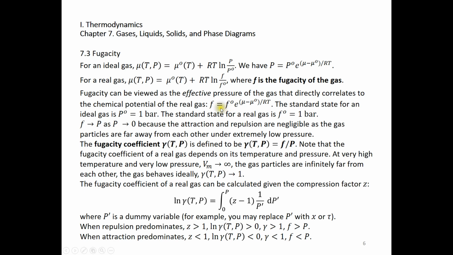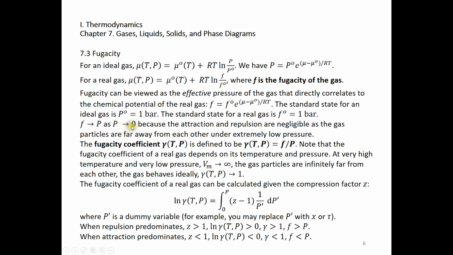And when it has a fugacity of 1 bar, its pressure very likely is either greater than 1 bar or lower than 1 bar. Again, it's just because fugacity is different from pressure for a real gas. However, when P approaches 0, F approaches P. Why is that?